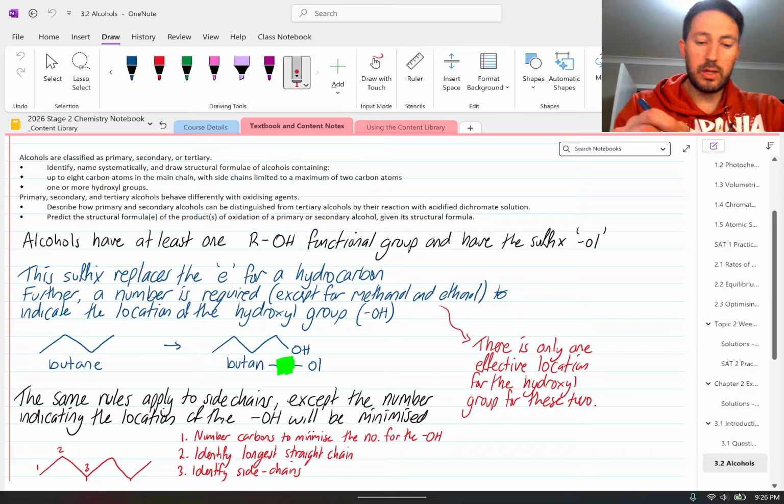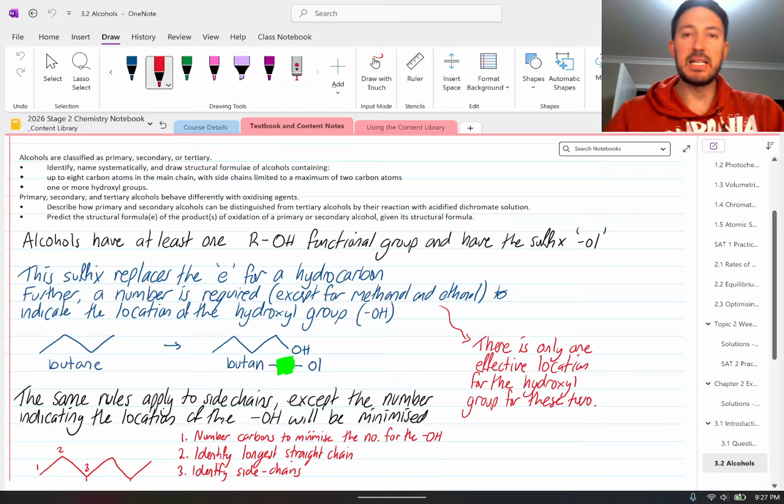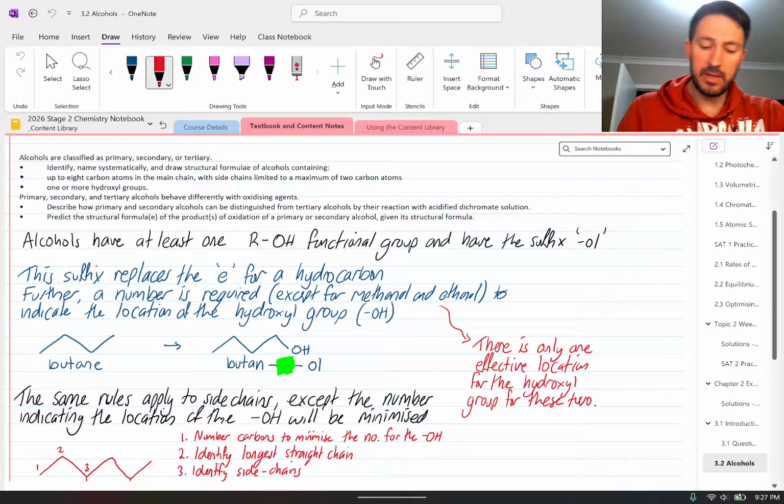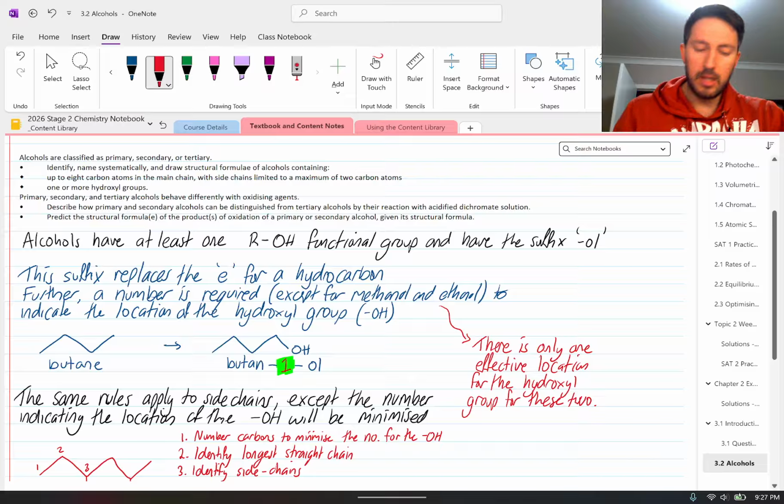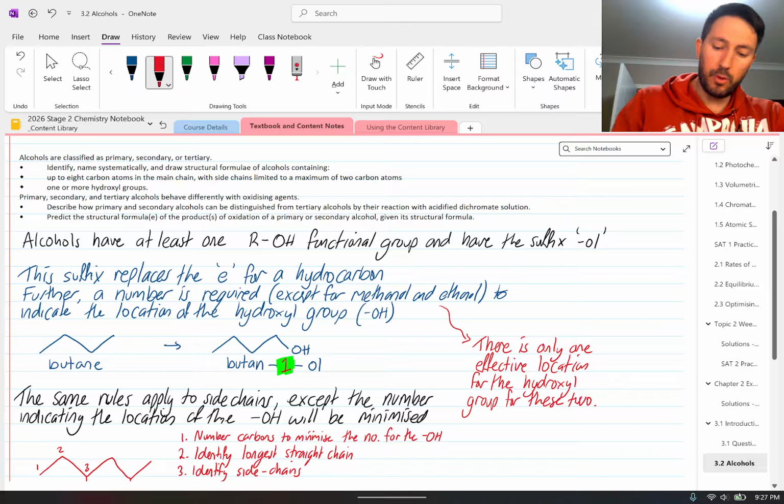As with any other molecule with a functional group, you do need to specify where exactly that OH, that substituent, the functional group is. In this particular case, because our OH is at the end of our molecule, it is going to be butan 1-ol.